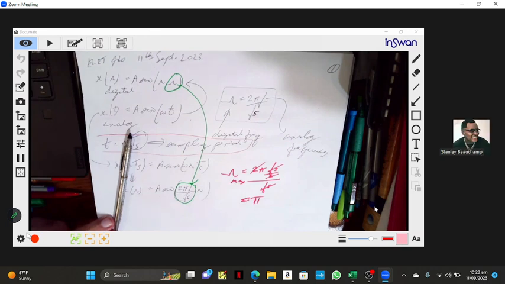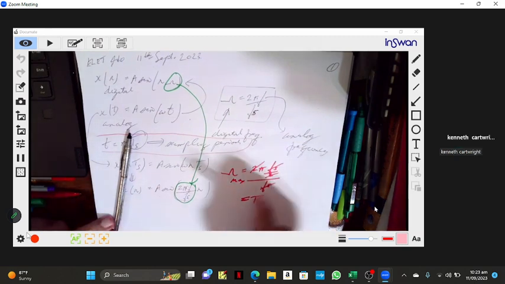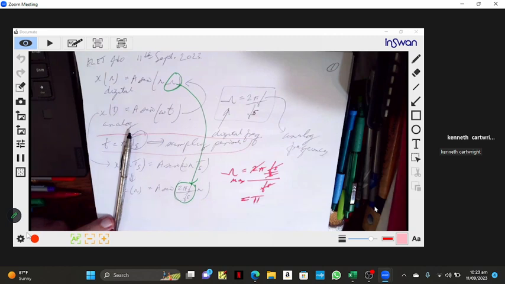Really, why? You don't see that Hertz cancels Hertz? Pi radians. So now you learned something.